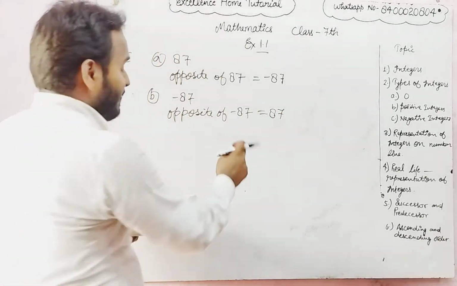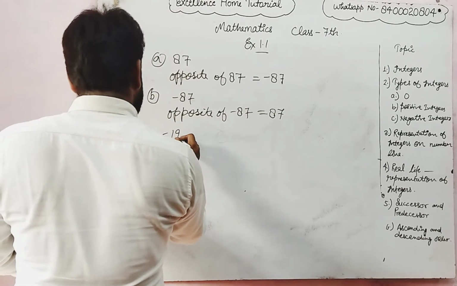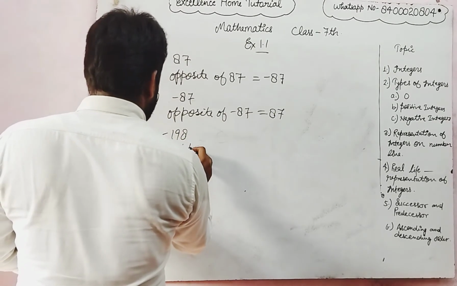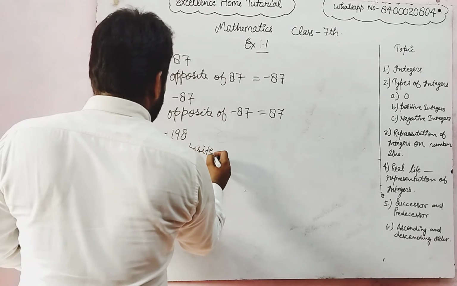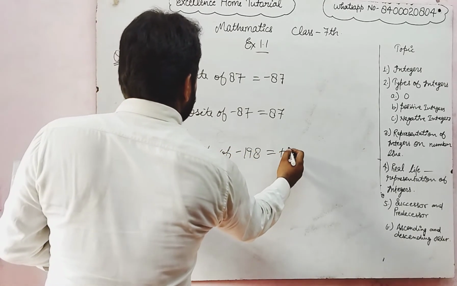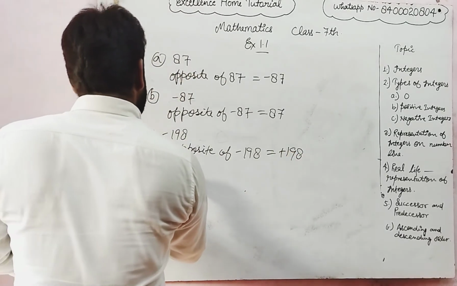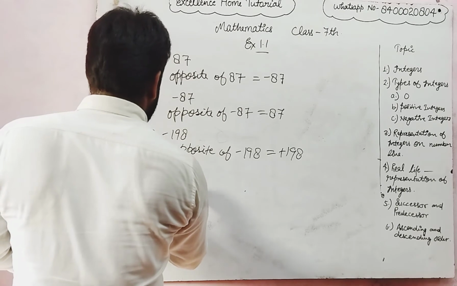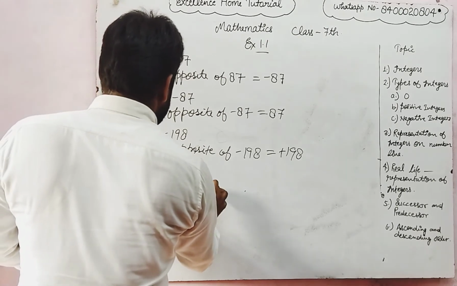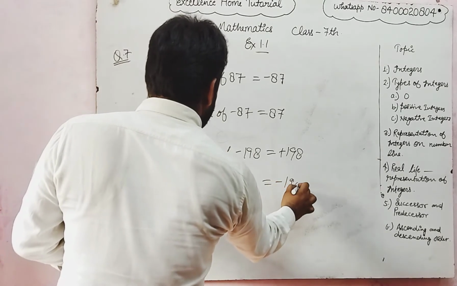So in this we have to change the minus sign into plus sign. C is minus 198. Opposite of minus 198 is plus 198, and D is 198. Opposite of 198 is minus 198.